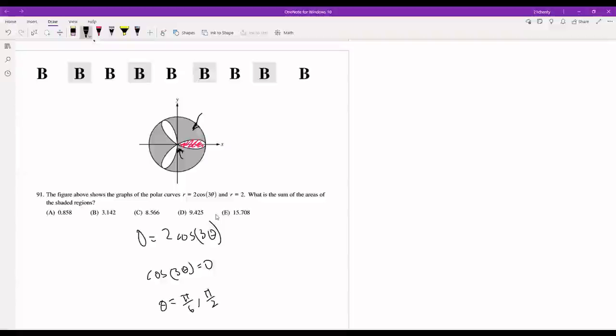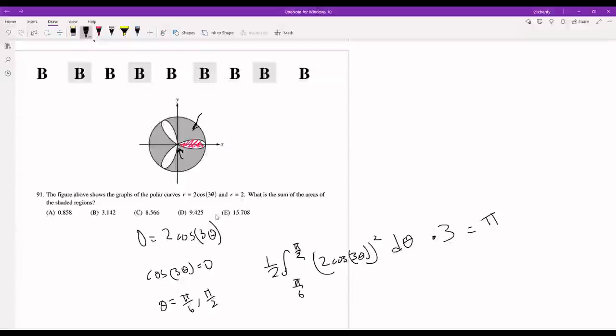So what I can do is take the integral from pi over 6 to pi over 2, and it's actually 1/2 times the integral of r, so 2 cosine 3 theta squared, and this is going to be this highlighted red area. And so we just have to multiply that by 3 to get all of the petals. And this actually equals pi.